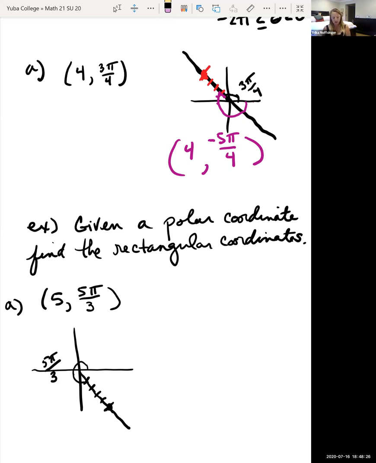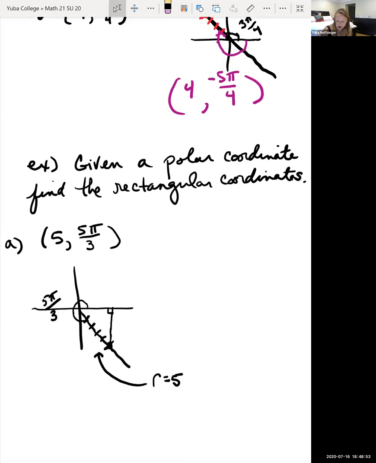Okay, so let's look at what we have. Let's make a right triangle with the x-axis, always with the x-axis closest to us. We know what this length is, our hypotenuse. This r value was 5. We know what our reference angle is.